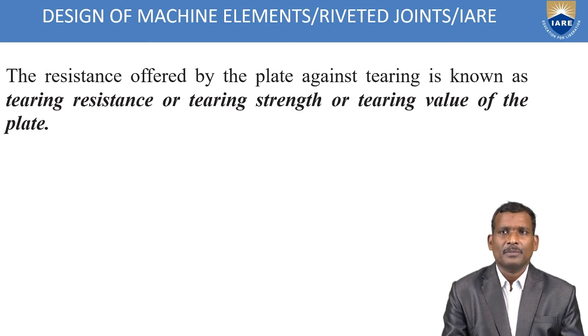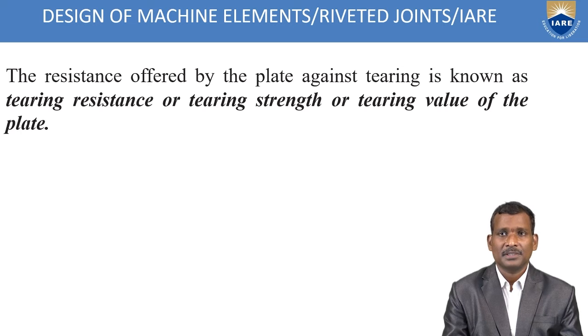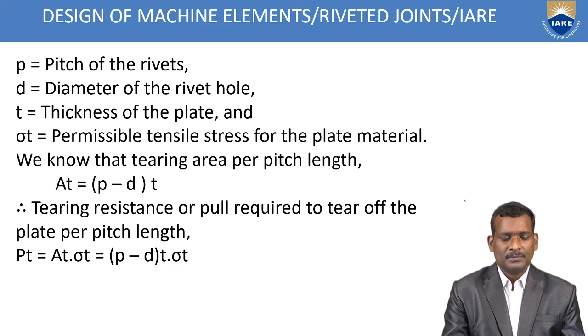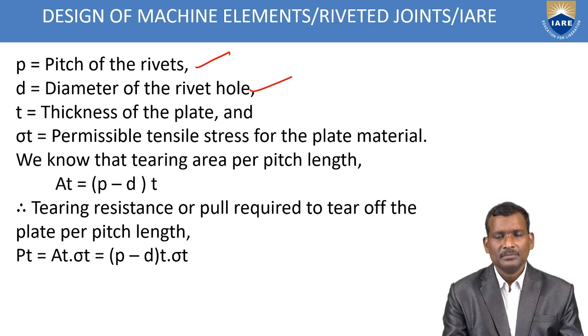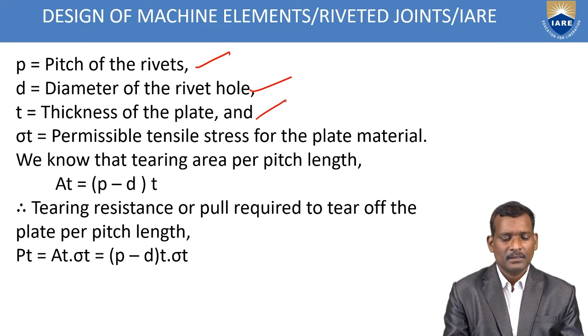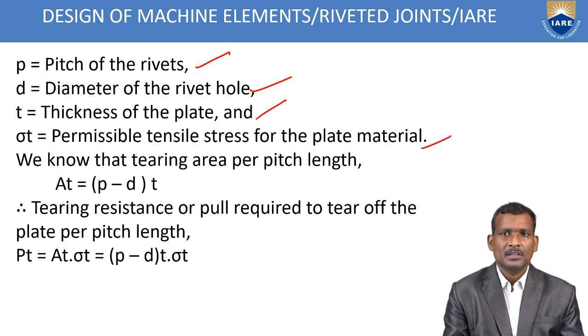Next, the resistance offered by the plate against tearing is known as tearing resistance, tearing strength, or tearing value of the plate. How do you calculate the tearing strength? We should know how much resistance is offered by the plate. Here let P be the pitch of the rivets, D the diameter of the rivet hole, T the thickness of the plate, and sigma T the permissible tensile stress for the plate material.